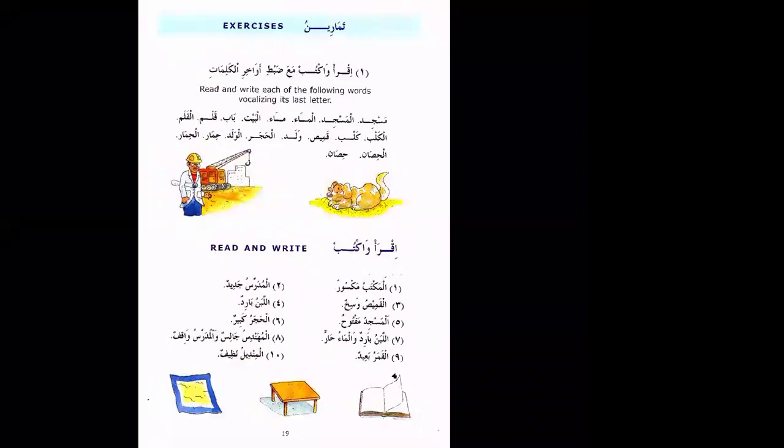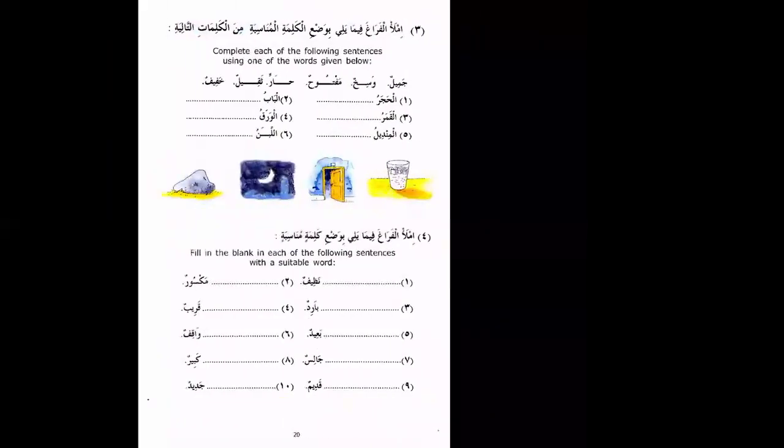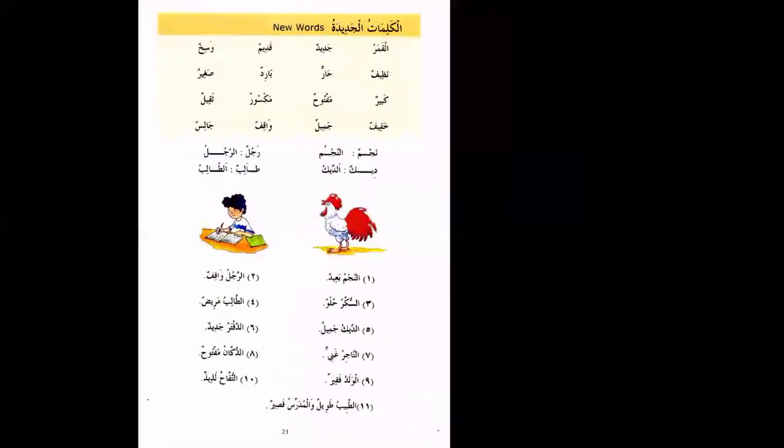We went through these examples and these exercises last time. The thing that we're being introduced to in this lesson is some more new words and a very important new rule, which is very important that we learn.